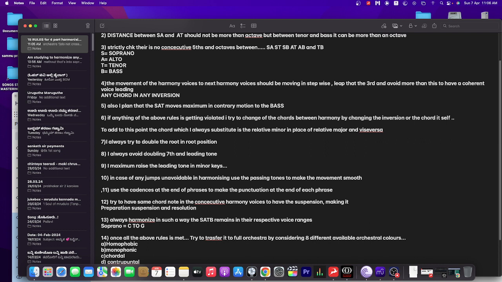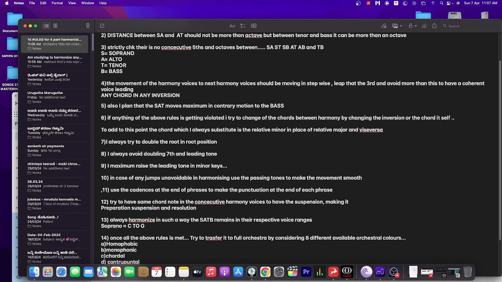And the sixth rule is, if any of the above rules is getting violated, I try to change the chord between harmony by changing the inversion of the chord itself. I've already told this. This is a very important rule. If any of the rules is getting violated, there is a high chance to change the chord itself, because for every instance of a melody, for every place of a chord, you can have more than one chord.